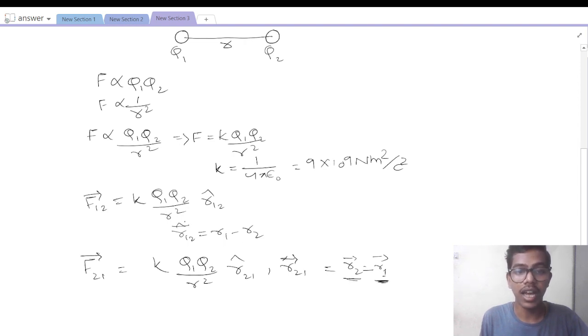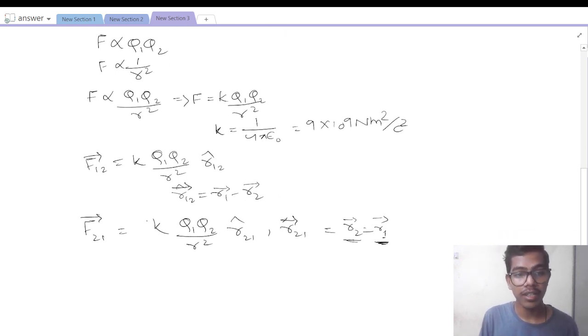Here also r12 vector is equal to r1 vector minus r2 vector, that is the position of the first charge minus the position of the second charge. If we are calculating the magnitude of the force, then F magnitude is equal to K Q1 Q2 by R square.